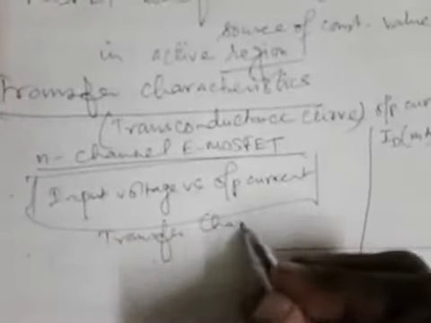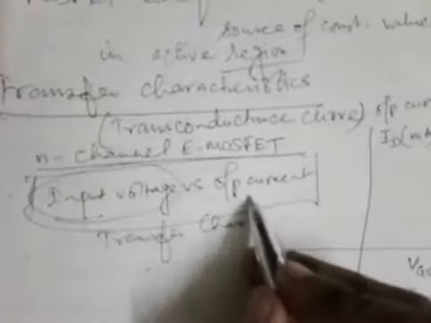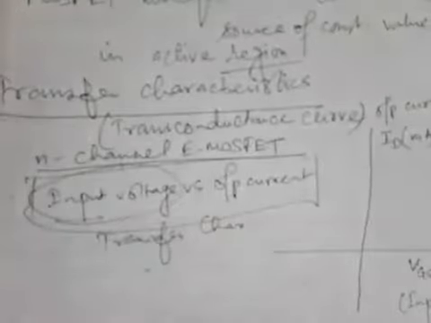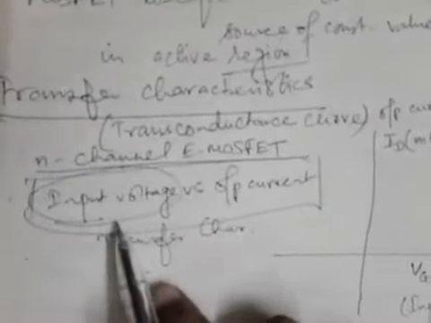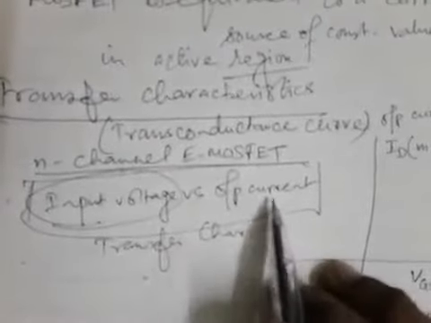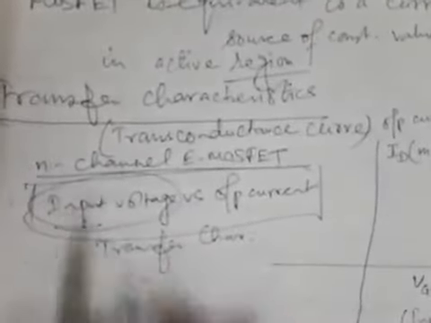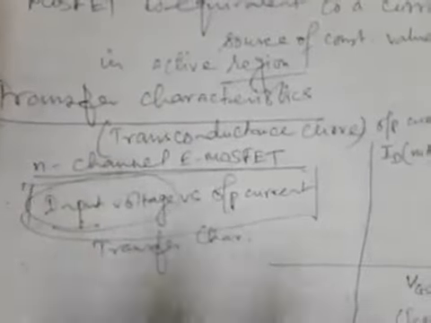That means, why this name? This input voltage is in some way being reflected or transferred to the output in such a way that its influence is measured by the magnitude or behavior of the output current. Input versus input means it is input characteristics, output versus output means it is output characteristics, but input versus output means it is transfer characteristics.